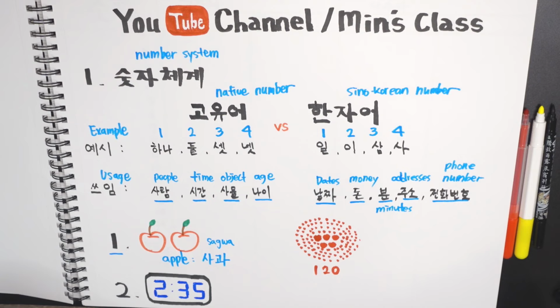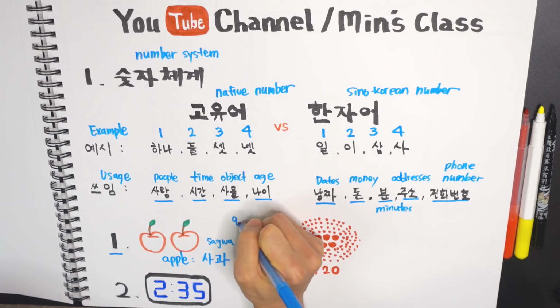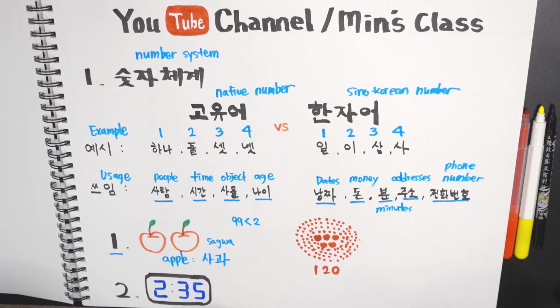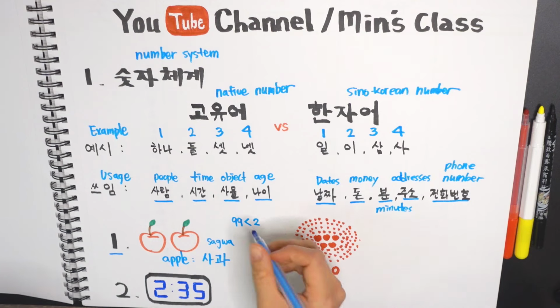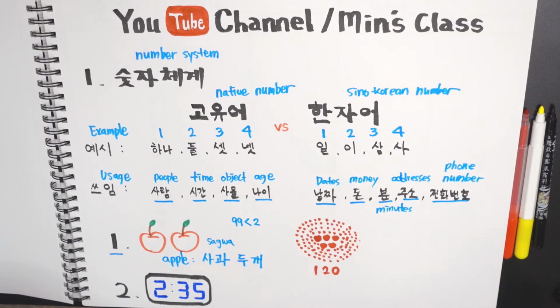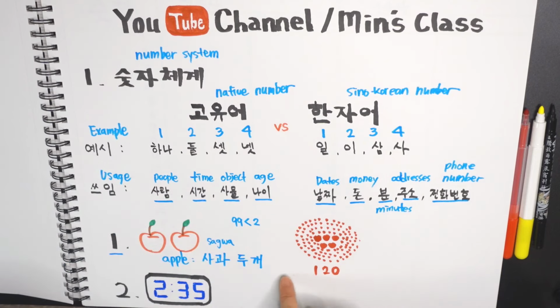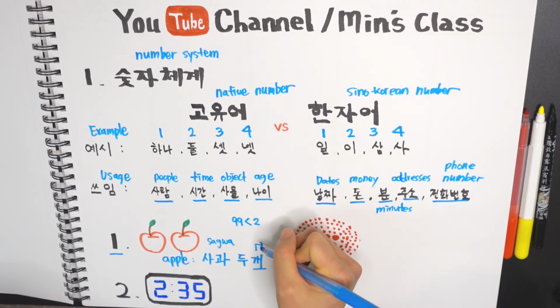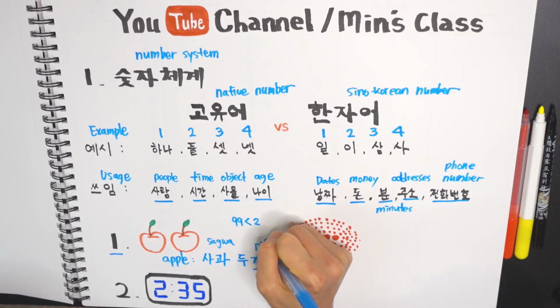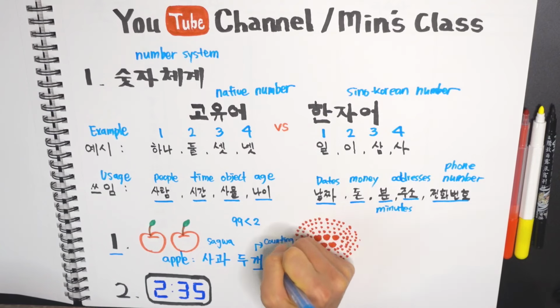And since the number 2 is below 99, you will use the native Korean number system. And 2 apples would be 사과 2개. Okay? So 2 means 2 in native Korean number system. And 개 is the counting word for apple.